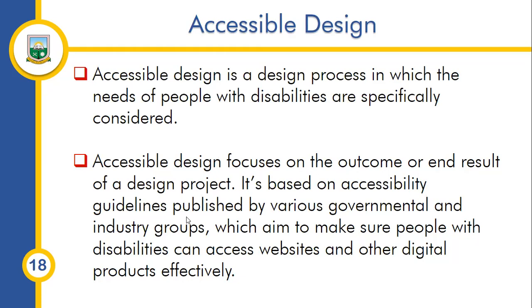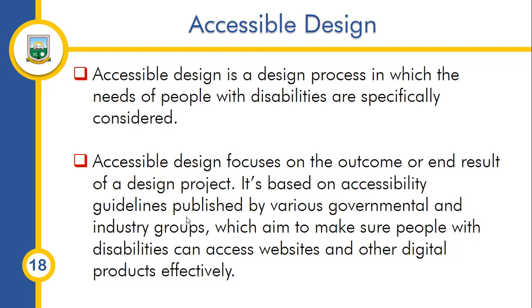As compared to inclusive design, accessible design is more like a subset of it. Accessible design focuses on the outcome or end result of a design project. It's based on accessibility guidelines published by various governmental and industry groups, which aim to make sure people with disabilities can access websites and other digital products effectively.